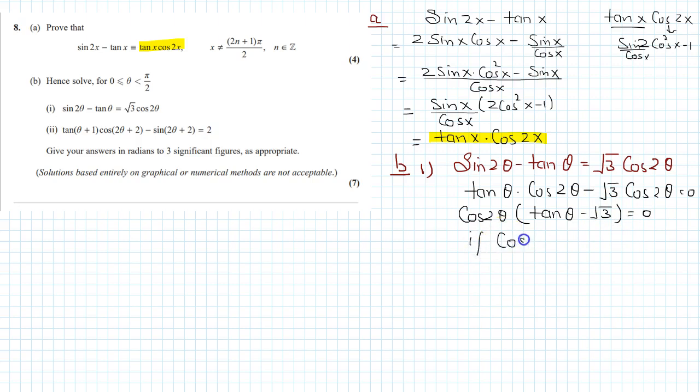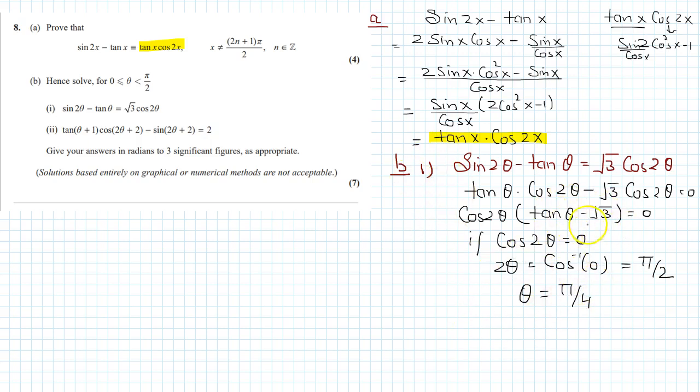So if cos 2 theta is equal to 0, 2 theta is equal to cos inverse 0. So that is pi over 2. Theta is from 0 to pi over 2. So theta will be pi over 4.